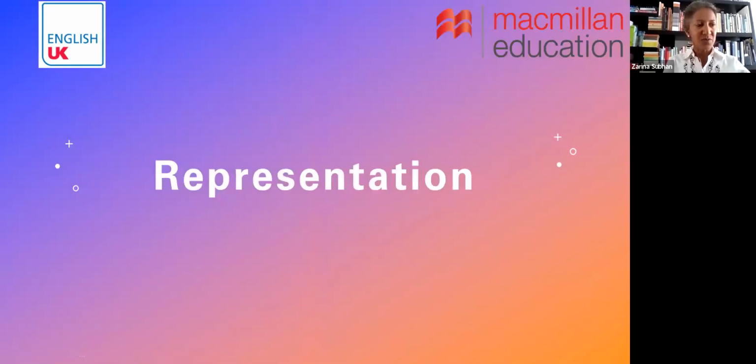In terms of representation, I'd like to ask you to use the chat box and tell me, if I said the word black, what images would come to your mind? Okay, so using the chat box, please, just type a word or two to say what comes to mind when I say the word black. Absolutely anything, but the first thing that comes to your mind, just type it in.